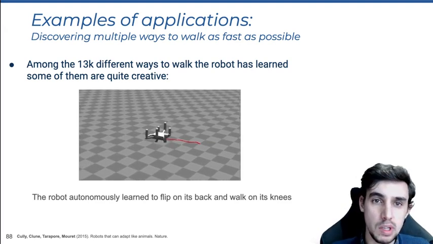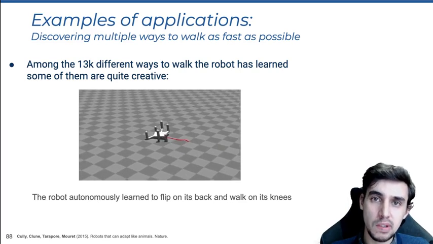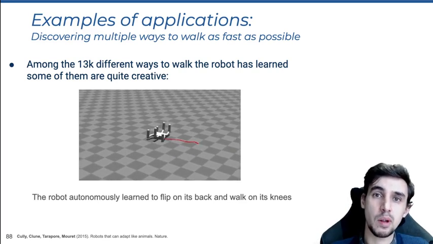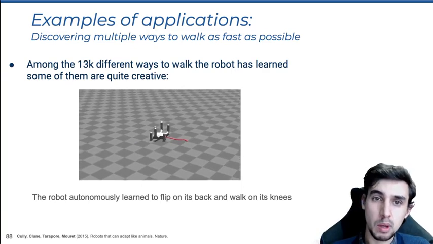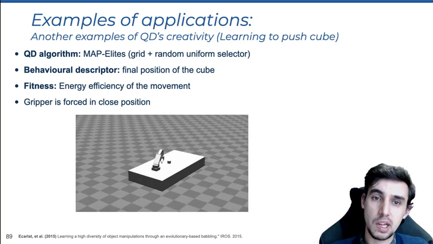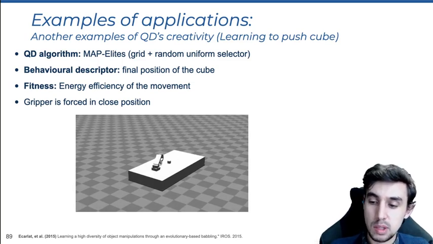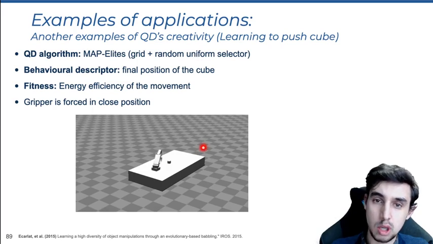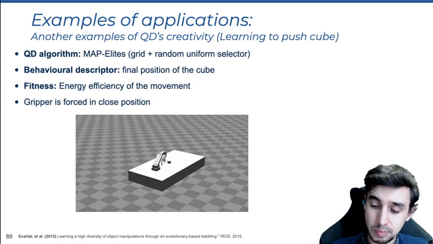So that's using MAP-Elites. And it's important to understand that this creativity of the solutions that can be found by MAP-Elites is not restricted to this specific example, but we observe this in a lot of different applications. So for instance, here we used the MAP-Elites algorithm, and the goal was to learn how to push the cube in different directions on the table.